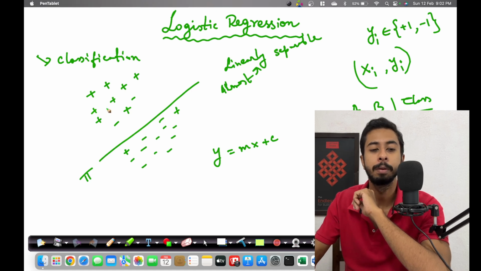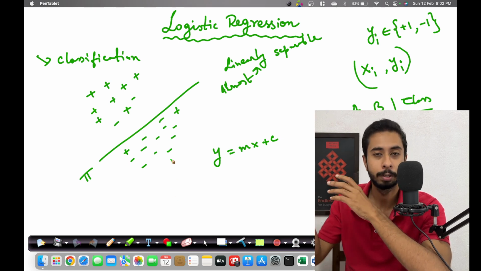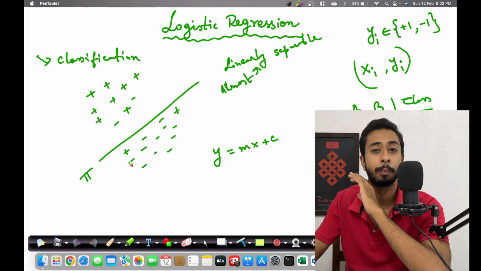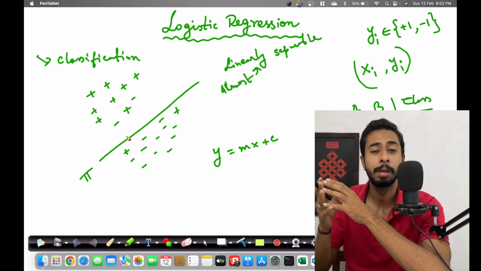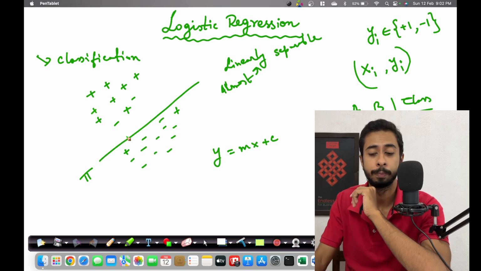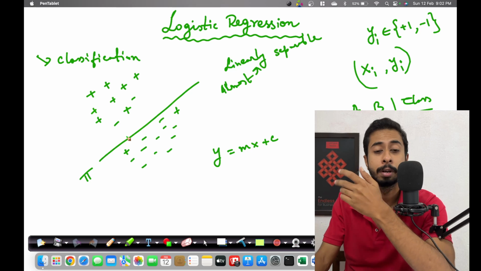That means these points should not make a circle-like structure, that is a quadratic kind of structure: circles, parabola, ellipse and all that. Only linearly separable points can be separated by logistic regression. That is the first assumption which logistic regression takes into account.